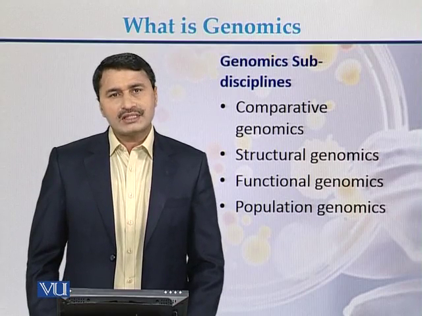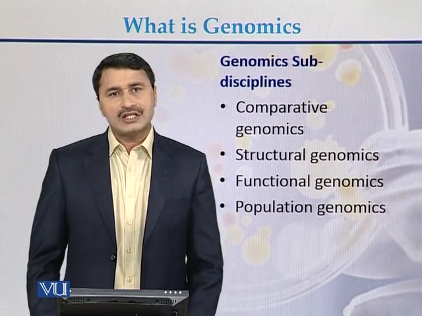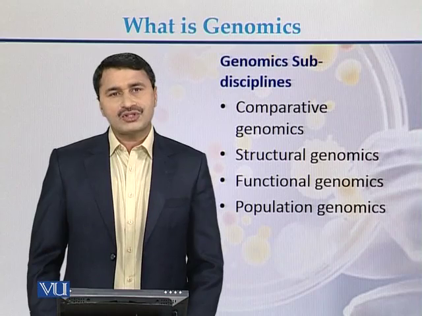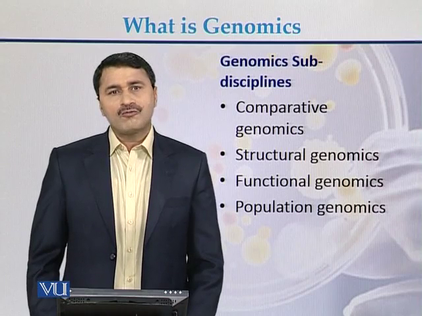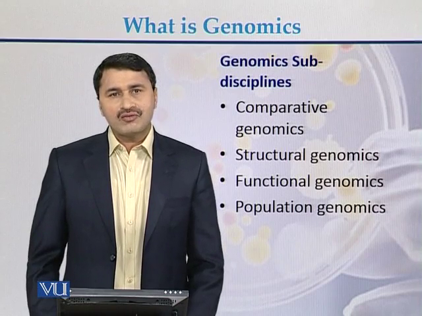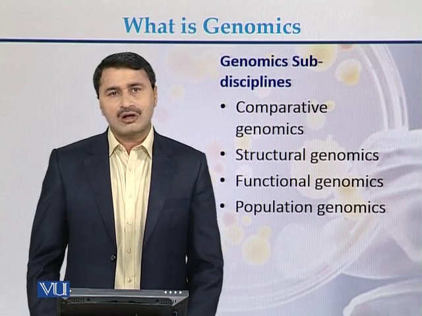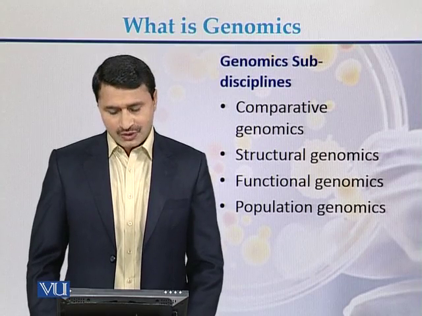Comparative genomics is the sub-discipline in which we compare the genomes of different organisms. In structural genomics, we study the structure of the genomes, meaning the number of coding sequences, non-coding sequences, and how the genes are organized on the chromosomes.